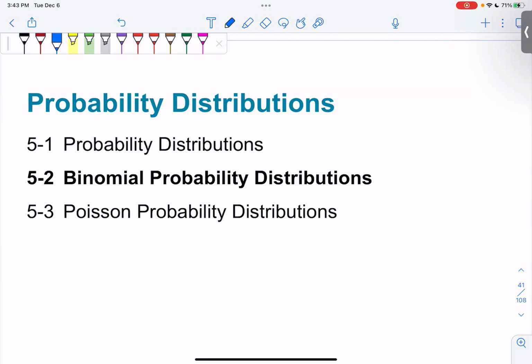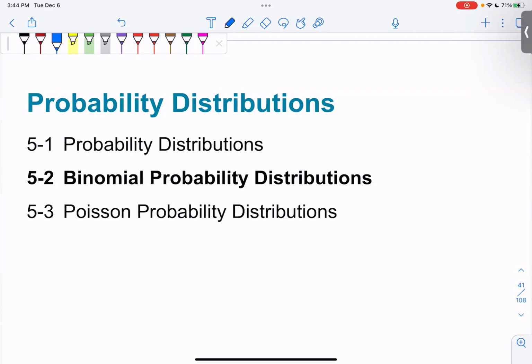So this is general. We have to have 1, 2, 3 in any distribution. Any probability distribution must have those three. But if we want to say this distribution is binomial, then we have other requirements. And if we want to say this distribution is Poisson, we also have some requirements.